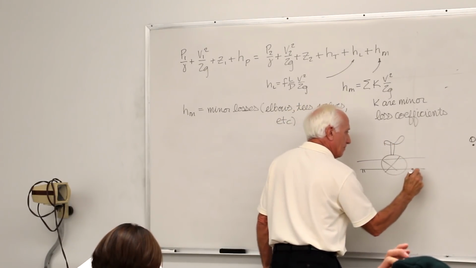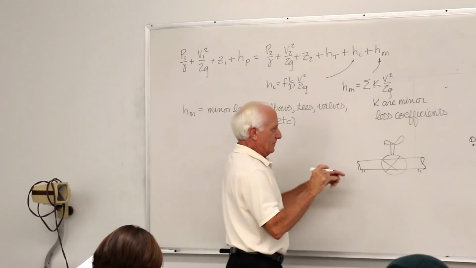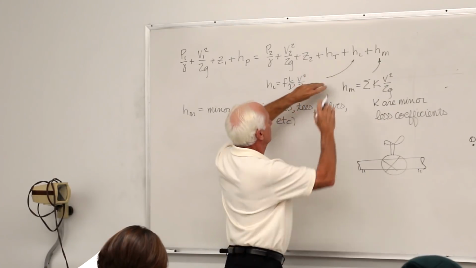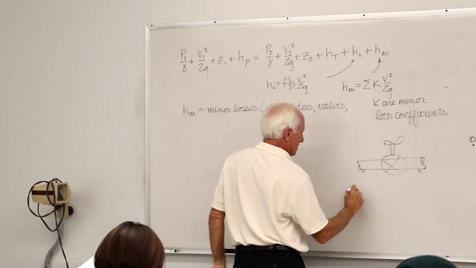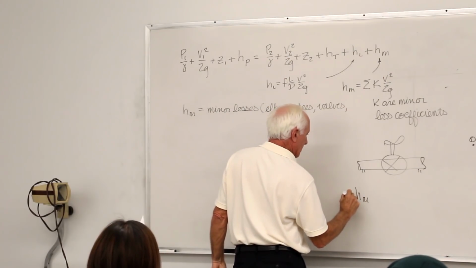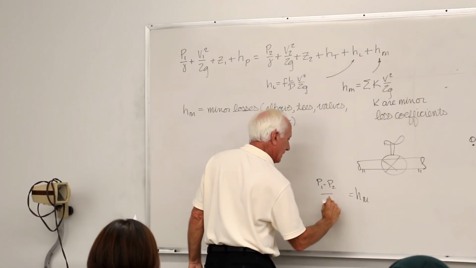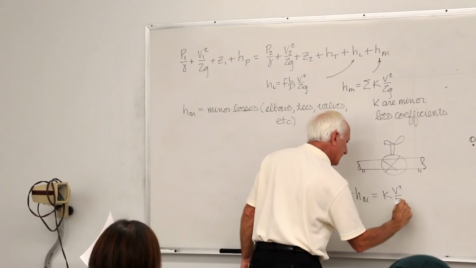You put a pressure tap in here, a pressure tap in here. If the pressure taps are close to the valve, then there's really no straight pipe, so those terms are gone. That says H_M is equal to (P1 minus P2) divided by gamma, and H_M is equal to K V squared over 2g.